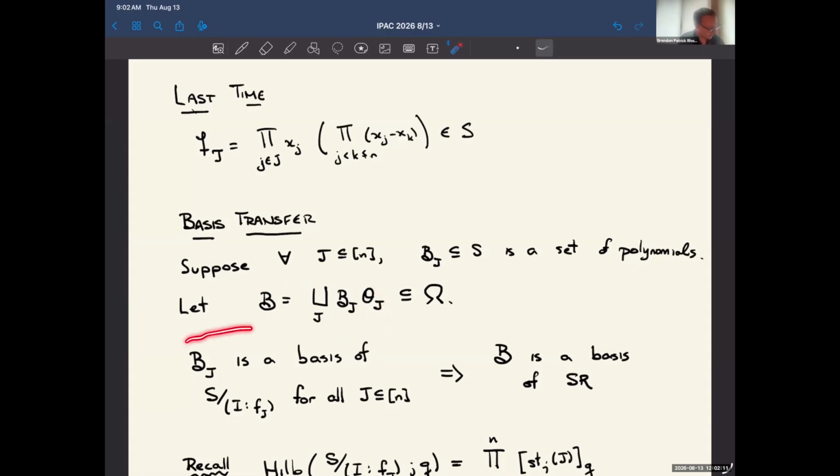So if you can solve these 2 to the n problems in commutative algebra, if you can show that each B_J descends to a vector space basis of S modulo this colon ideal, I colon f_J, where I is the classical covariant ideal, well then B itself descends to a basis of the superspace covariant ring.